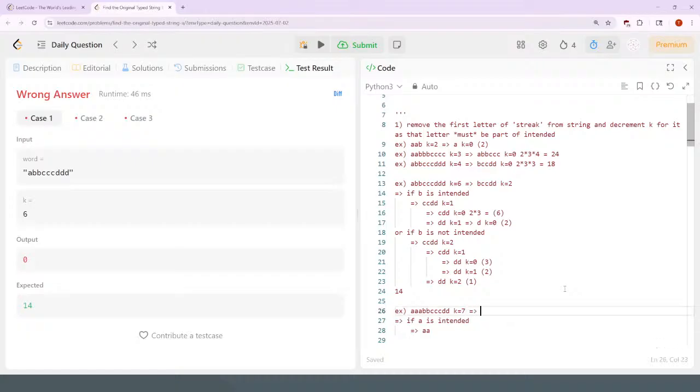The reduction of the first of each letter is going to be AA, B, C, C, D. And at least 3 of these are intended, because the first A, first B, first C, first D counts as 4 things. And from there, if the first A is intended, then you can move to A, B, C, C, D, where k is 2.